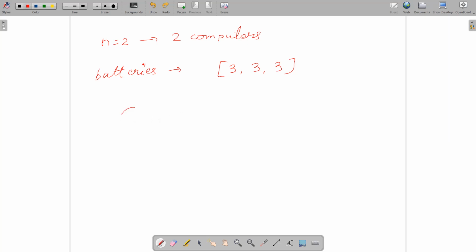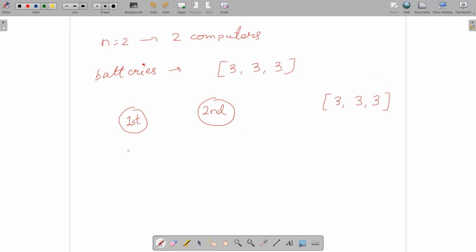So we have the first computer and the second computer, and you can see the current state of the batteries is that each has 3 minutes. Now I will charge this computer, let me first change the color. I will charge this computer with some battery, let's say I've used the second battery, and I'm charging the second computer with the third battery.